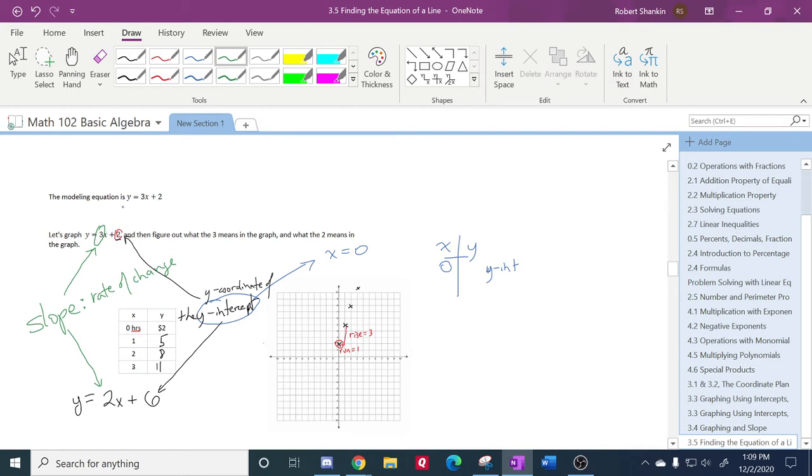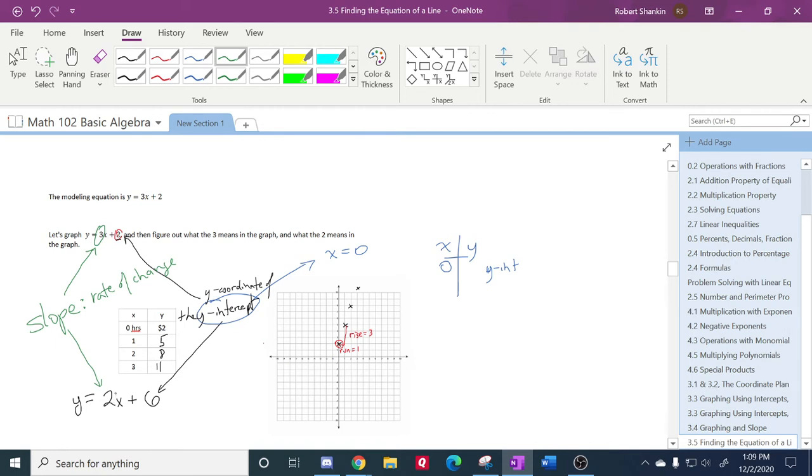How much does your cost go up every time you rent it for 1 more hour? What's the rate at which the y is changing? Very similar to how much is the stock going up every time 1 day goes by. This could also represent a stock that started out at $2 a share, and every day it went up $3 per share. So the number of days gets multiplied by 3. That is how fast this variable is rising. So that's the slope. It's going to be in that position every single time.